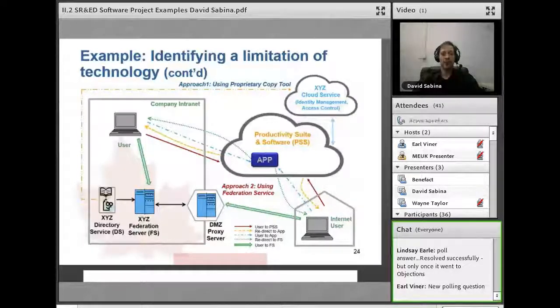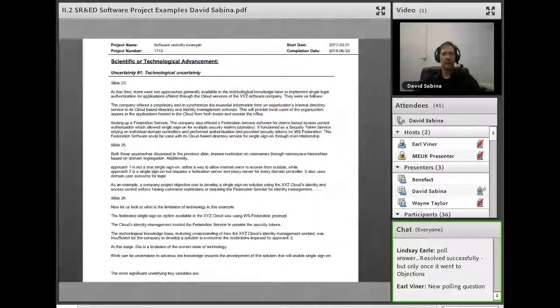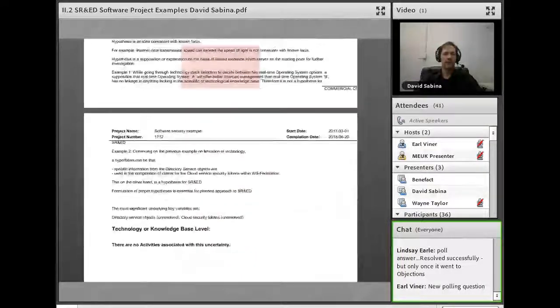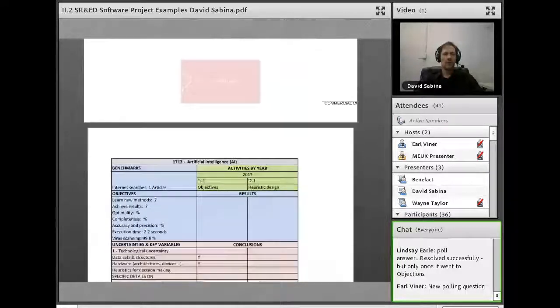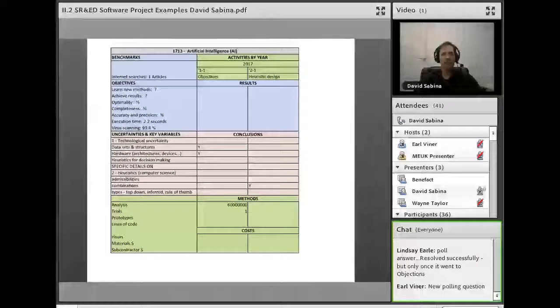And there was a very interesting article by one of our colleagues' firms in Canadian Lawyer magazine, and it talked about the concept of whether artificial intelligence work is patentable or protectable from an IP perspective. And a lot of the issues that they're talking about are directly relevant to SR&ED: technological advancement, prior art, what are we learning, trial and error investigation.